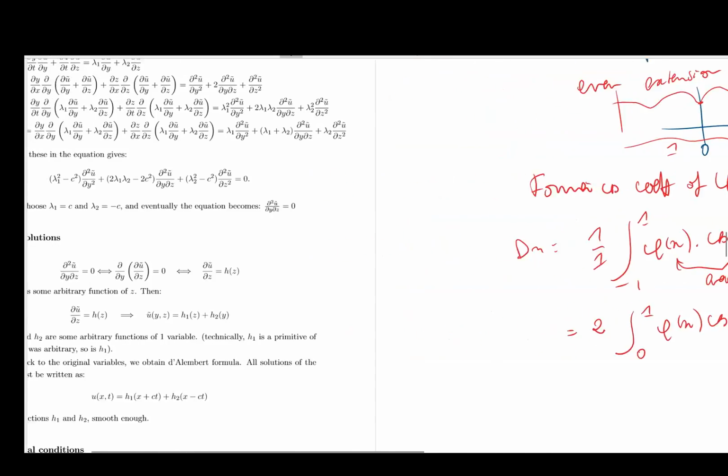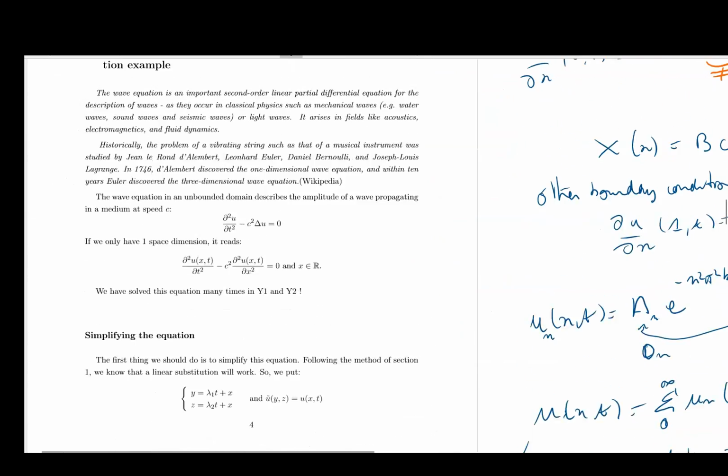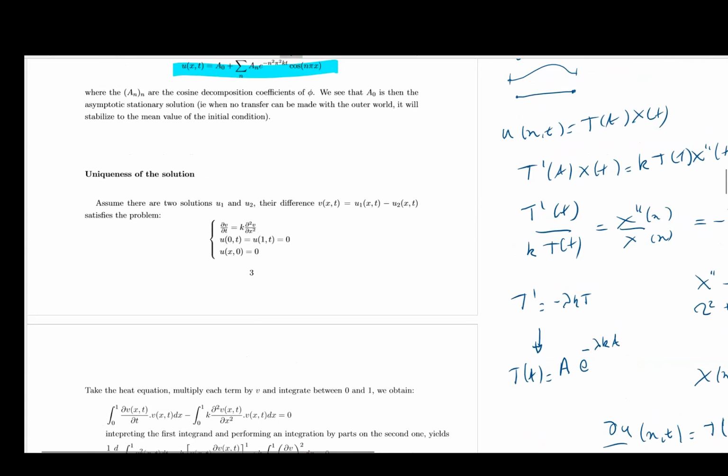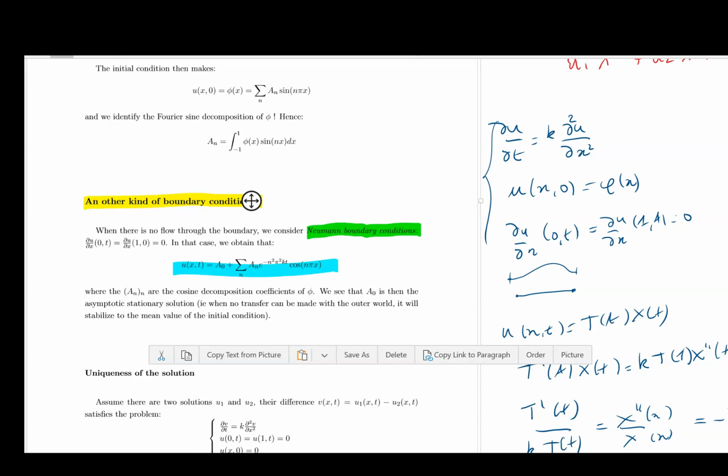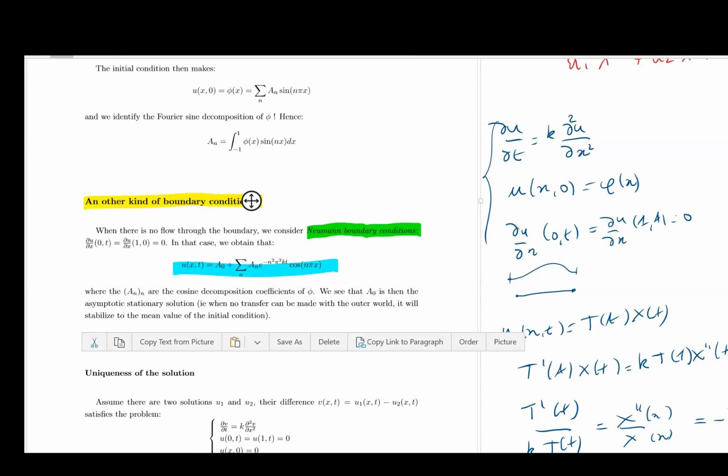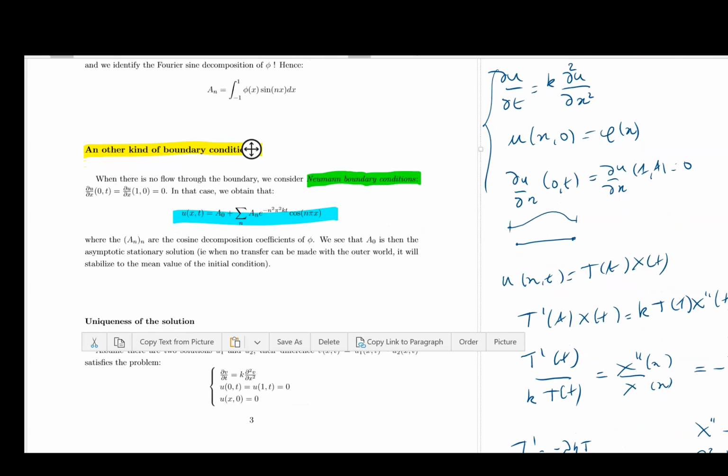Okay, and this is what we obtain. In that formula, the a_n are the cosine decomposition coefficients of the phi function, the one that we find here. Well, slightly different notations than the one that I've used in the calculation, but this is really what we get. And that's it.